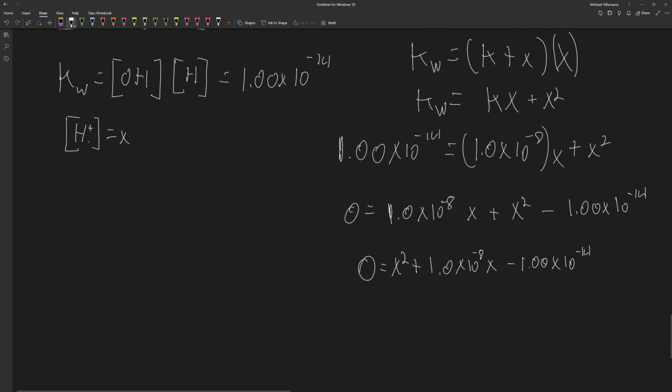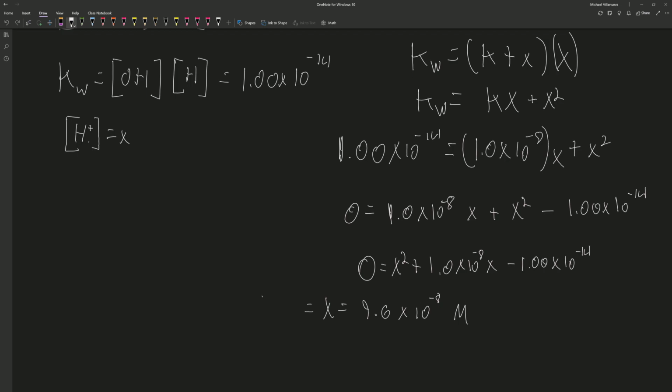At this point, you just need to solve the quadratic equation by plugging into the quadratic formula, or factoring. Numbers probably won't be easy to factor, so the quadratic formula is your way to go. Or if you have a calculator with a CAS system or Wolfram Alpha, it is also able to solve this for you. We will see that we get an x value equal to 9.6 times 10 to the negative 8th molar.